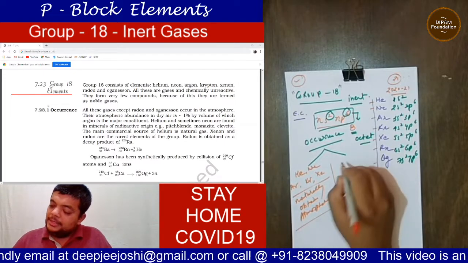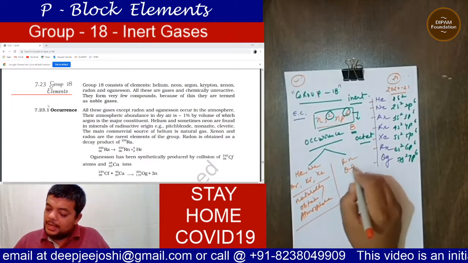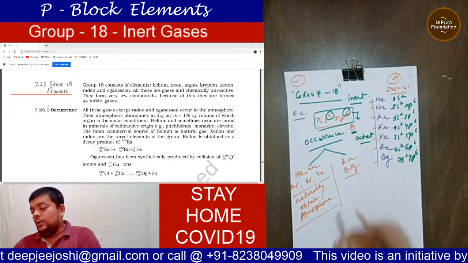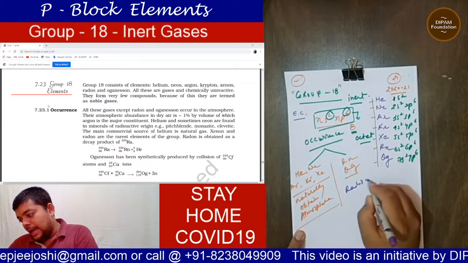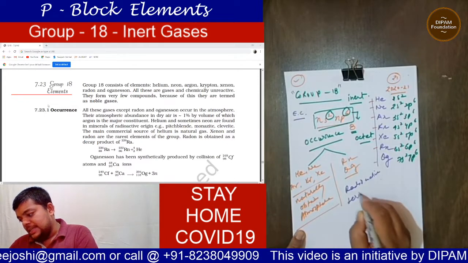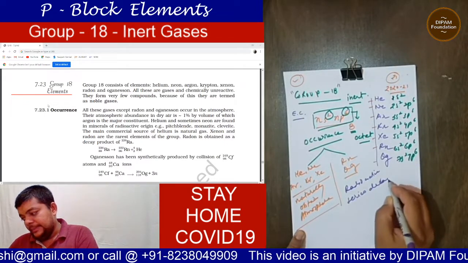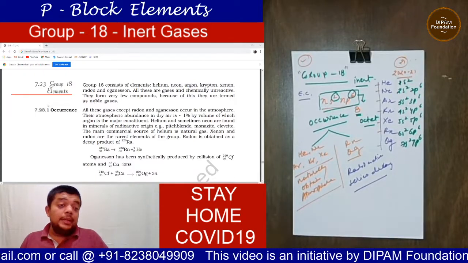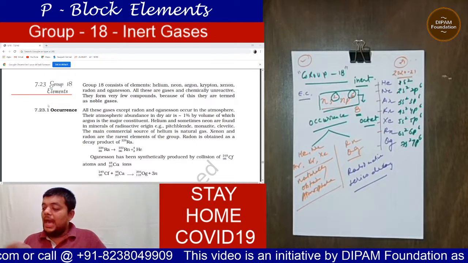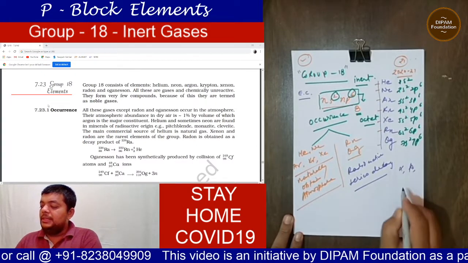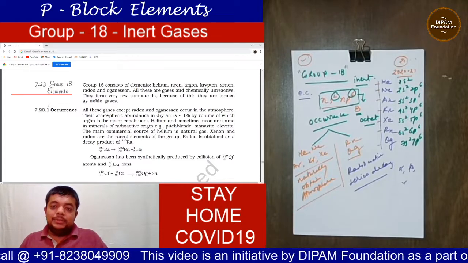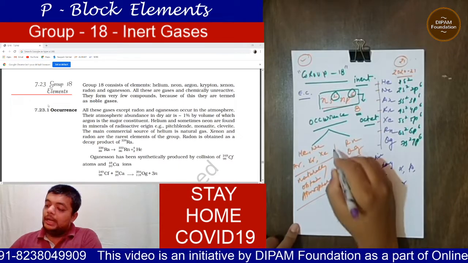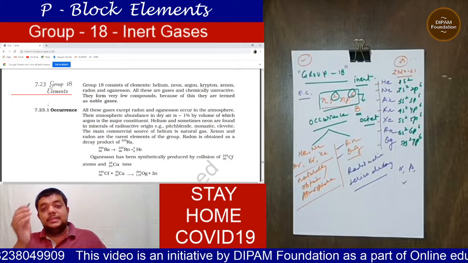But radon and agneson are obtained through radioactive series decay. What do we mean by radioactive series decay? There are a few reactions which emit alpha particles, beta particles, gamma particles. Once these particles are emitted from a parent element, they result in either radon or agneson. This can be seen over here.